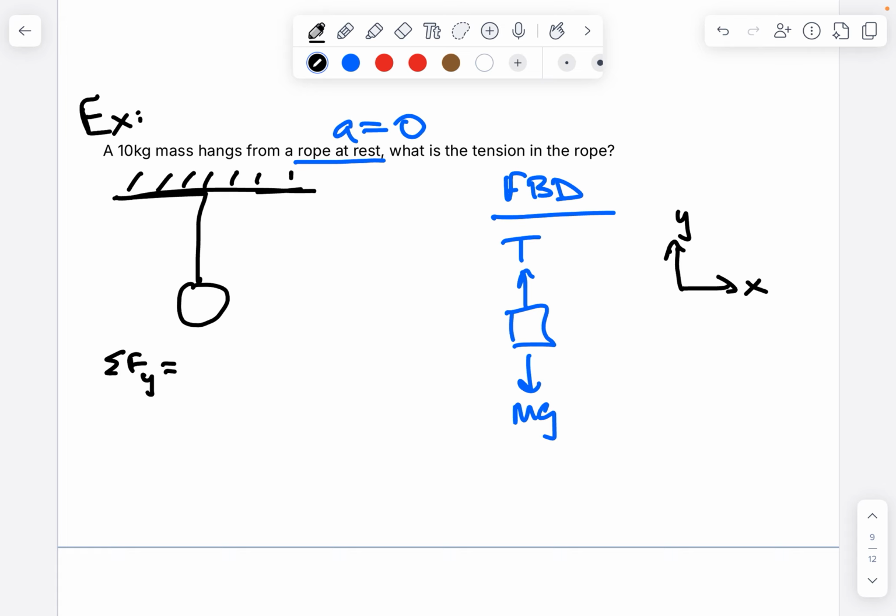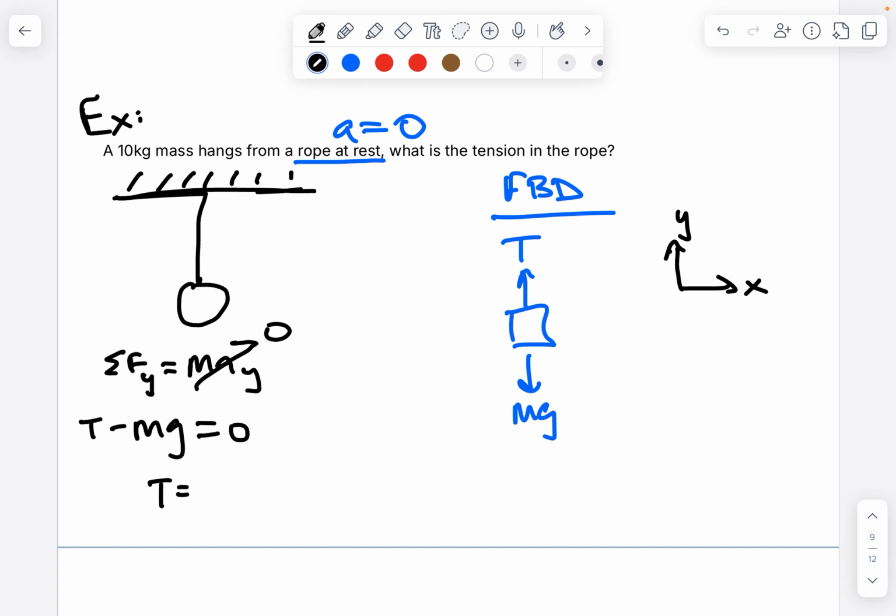So let's write our Newton's second law. We have F is equal to ma, and I'm going to write it in the y direction because that is the more interesting direction. A is 0 because it's at rest, so the sum of forces is equal to 0. The sum of forces can be rewritten as positive T, because T is pointing up, and up is the same direction as our positive y, minus mg, minus again because it's pointing downward, is equal to 0.